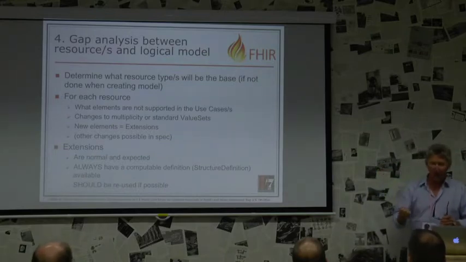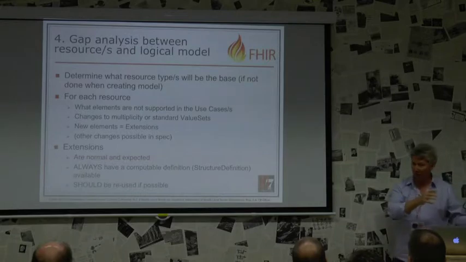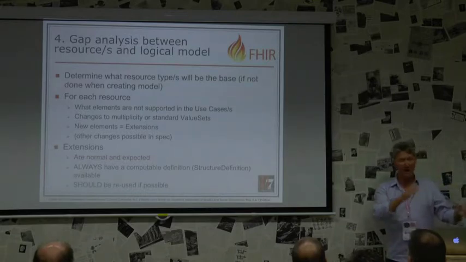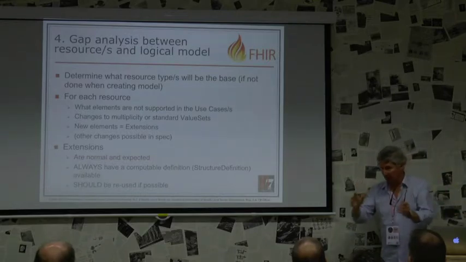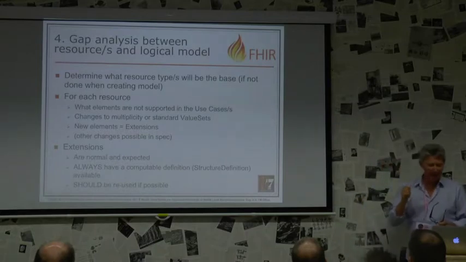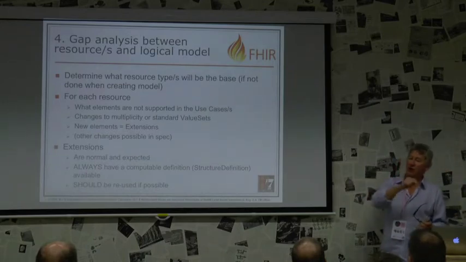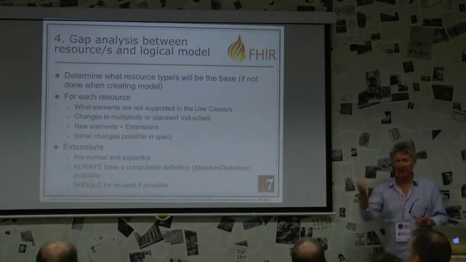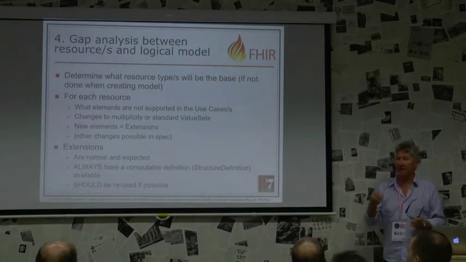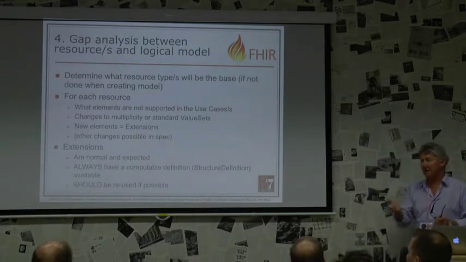And for each resource that you identify out of your model, remember a particular logical model may have more than one resource type that you identify, you need to identify which of the elements in a resource you don't need. So the example I've given in other ones is if you've identified, say, a condition and you don't need to test it, then you can take it out.